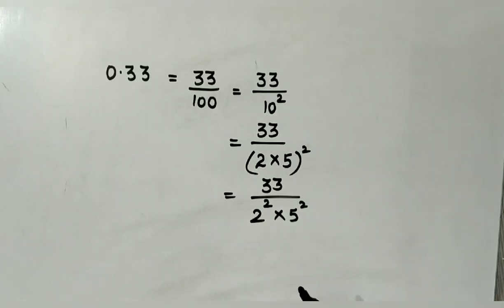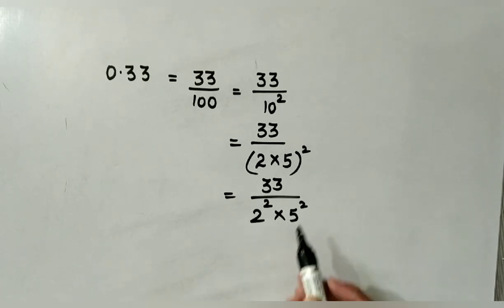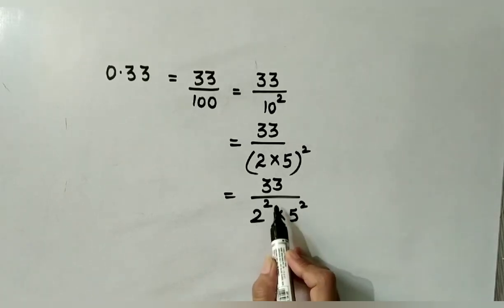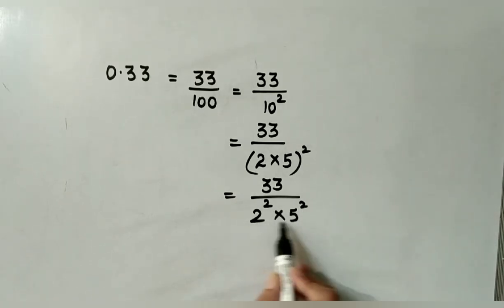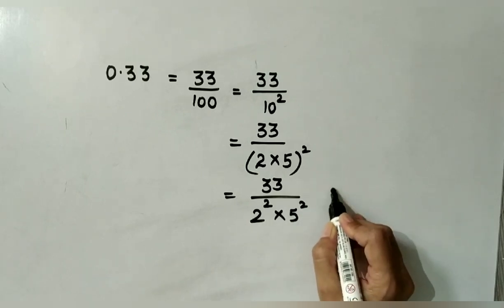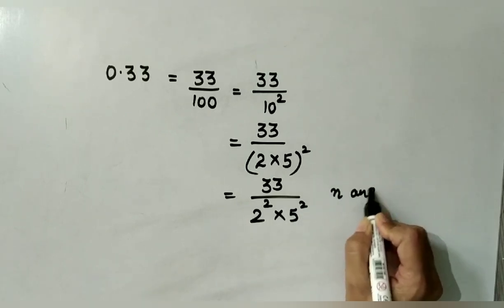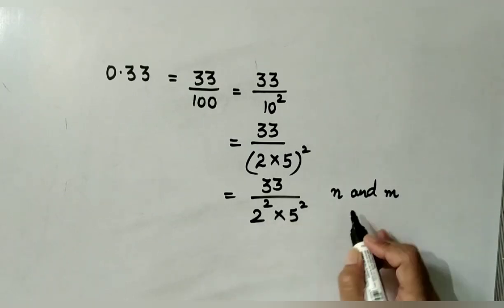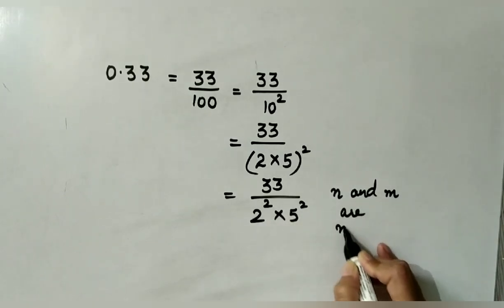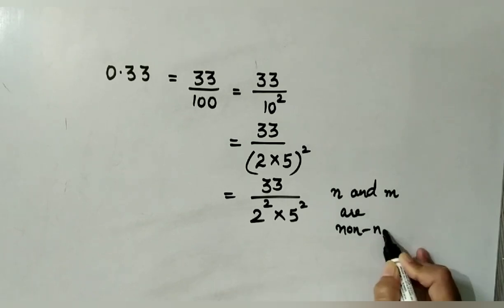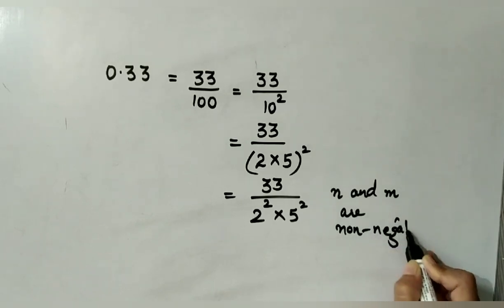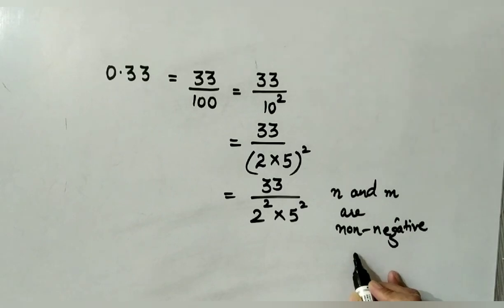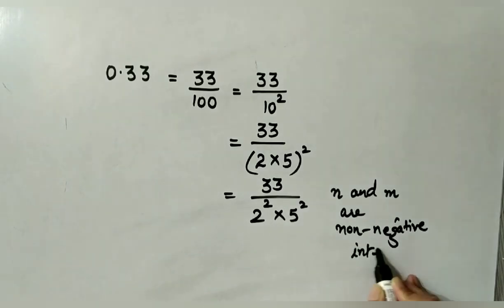And the prime factorization of q is of the form 2 raised to power m and 5 raised to power n, the product. So what are m and n here? The value of m and n is actually 2 in this case, and they are non-negative integers.